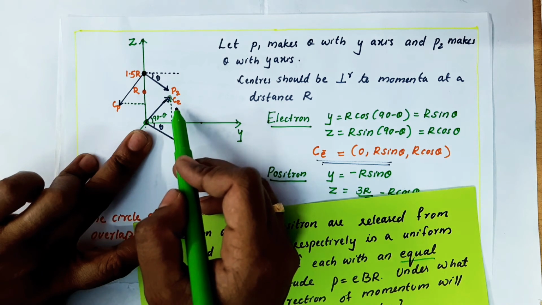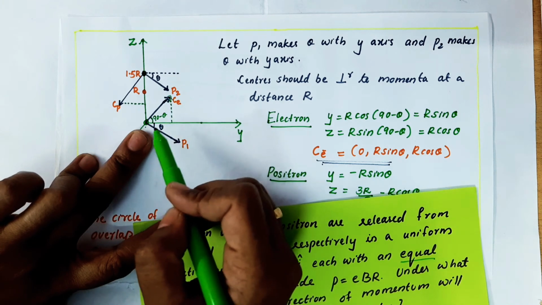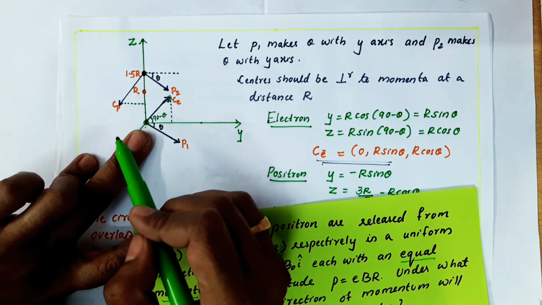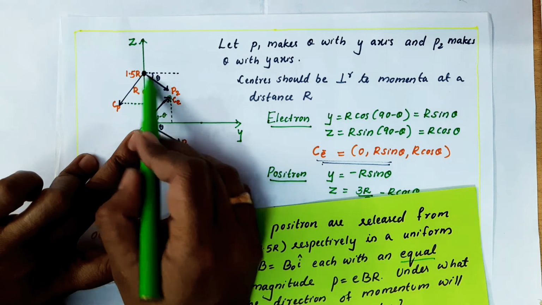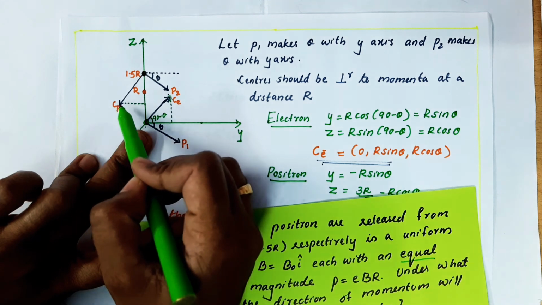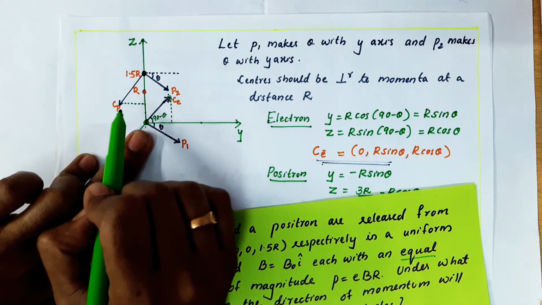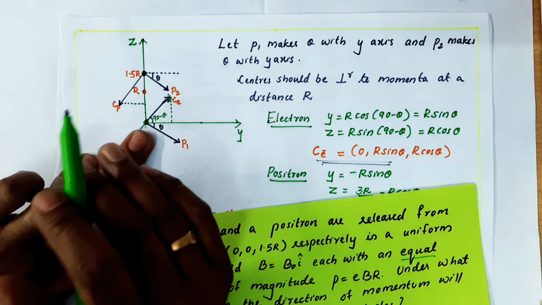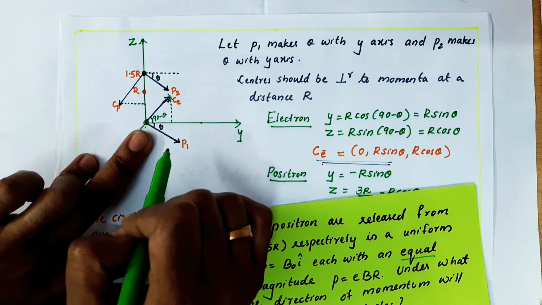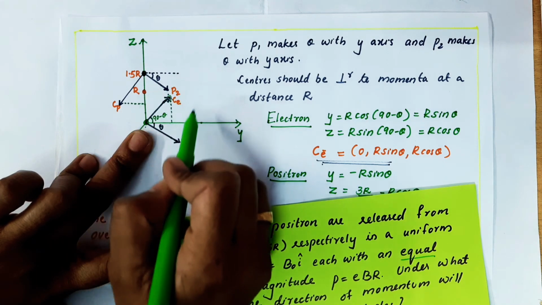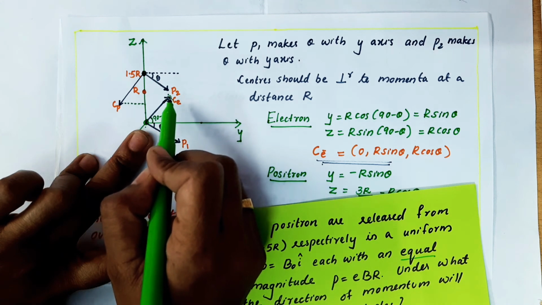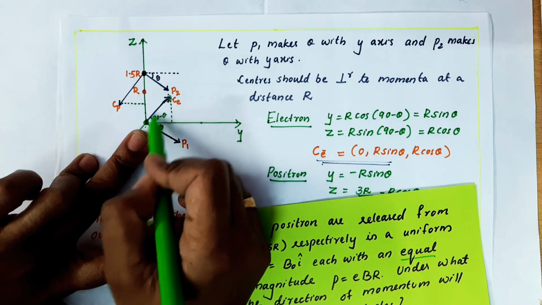As the electron is rotating like this, the positron moves in the opposite sense. Here the momentum is this one, so it makes a circle in this direction with center at CP. You have to remember these two things. Here the electron moves in this direction with center CE, and the radius is R.